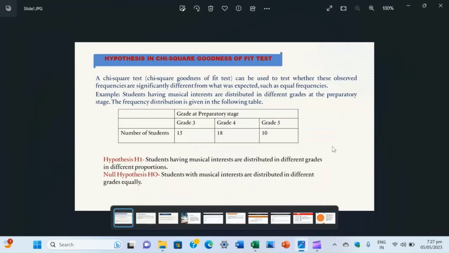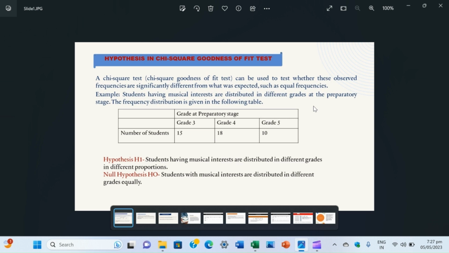With the help of some examples, I will show you how to make the hypothesis and null hypothesis, and how we use the chi-square test in examining this hypothesis. Suppose the example is that students having musical interests are distributed in different grades at the preparatory stage.